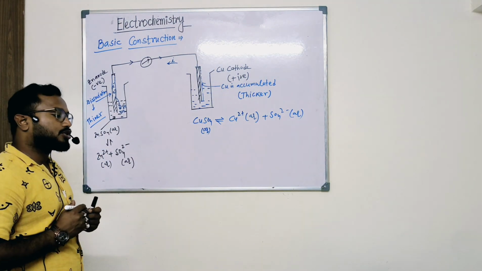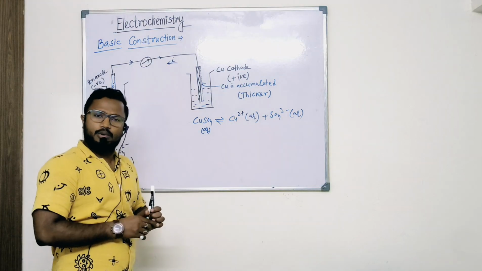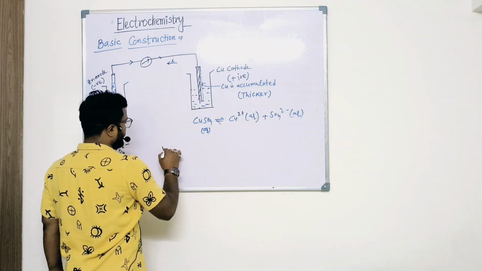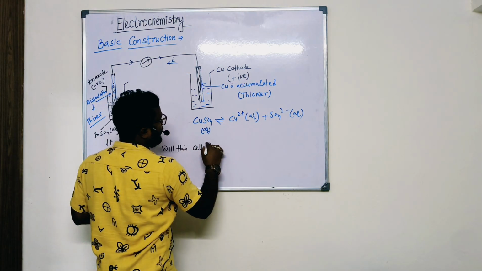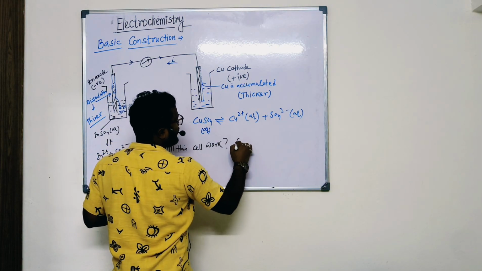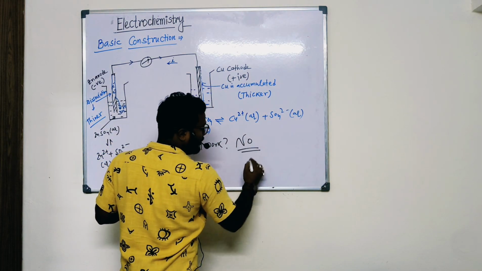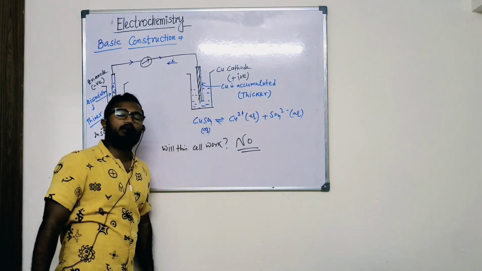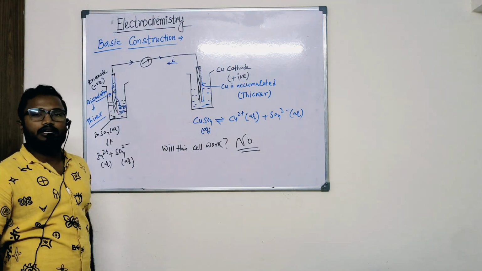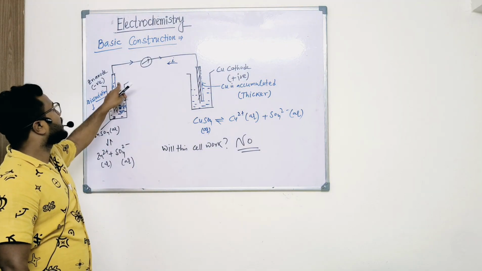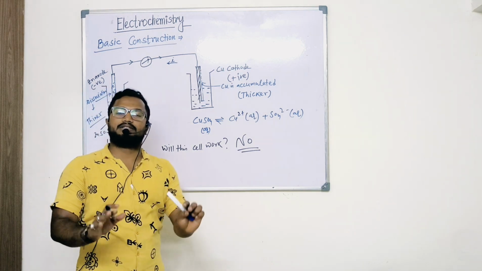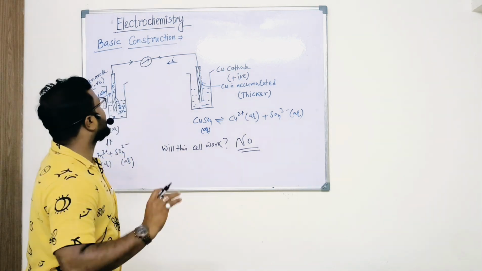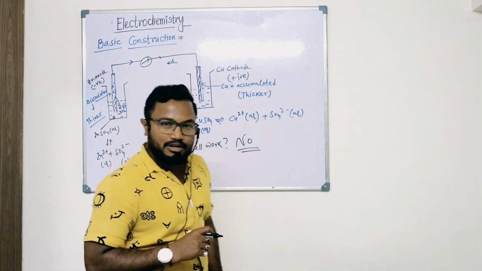Now, the first question is, will this cell work? The answer is no, it will not work. Why will it not work? Because it is not connected. What will happen? In this case, zinc will dissociate to Zn2+ and SO4 2-. Zn2+ is electropositive in nature.